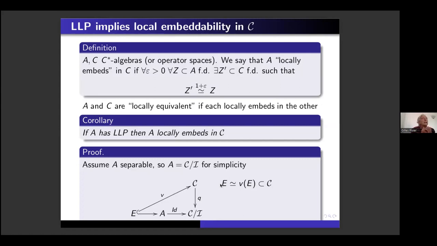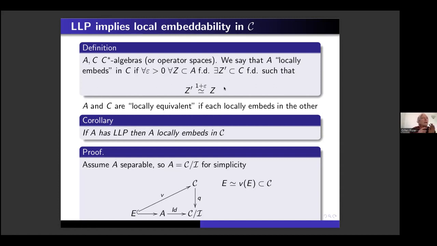Then I say that A locally embeds in another C-star algebra C if for any epsilon positive and any finite dimensional subspace, so local always reflects to finite dimensional, there is another finite dimensional subspace in the other algebra C which is 1 plus epsilon isomorphic to the original one.